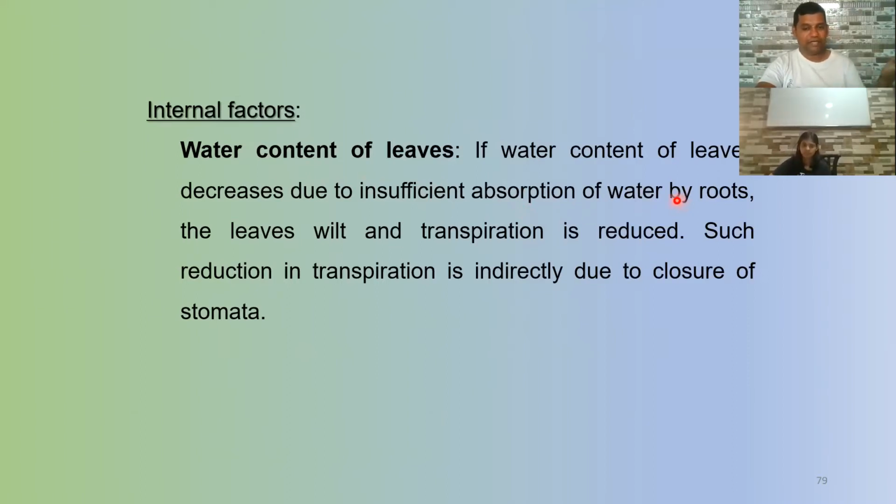So leaves में अगर पानी ही कम है, considering all the other environmental conditions are normal, the leaves themselves have very less quantity of water, so transpiration will be reduced. So the only internal factor that affects transpiration is the amount of water content in the leaves itself. These are the factors affecting transpiration.